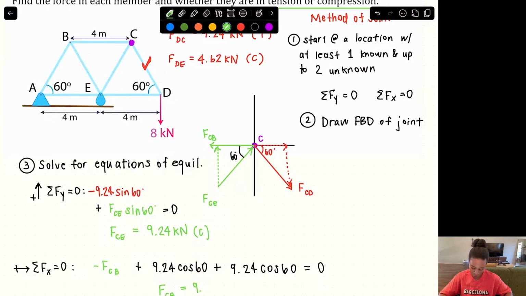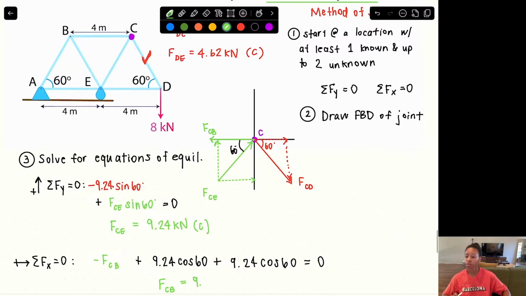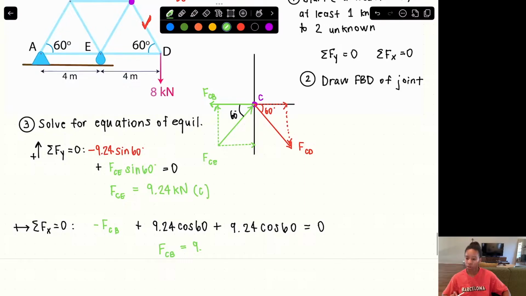Same thing for CE. It's going up and to the right. Does that make sense? Or did I miss something? Let me know. I am human. I can also make mistakes. But I'm pretty sure that's right.